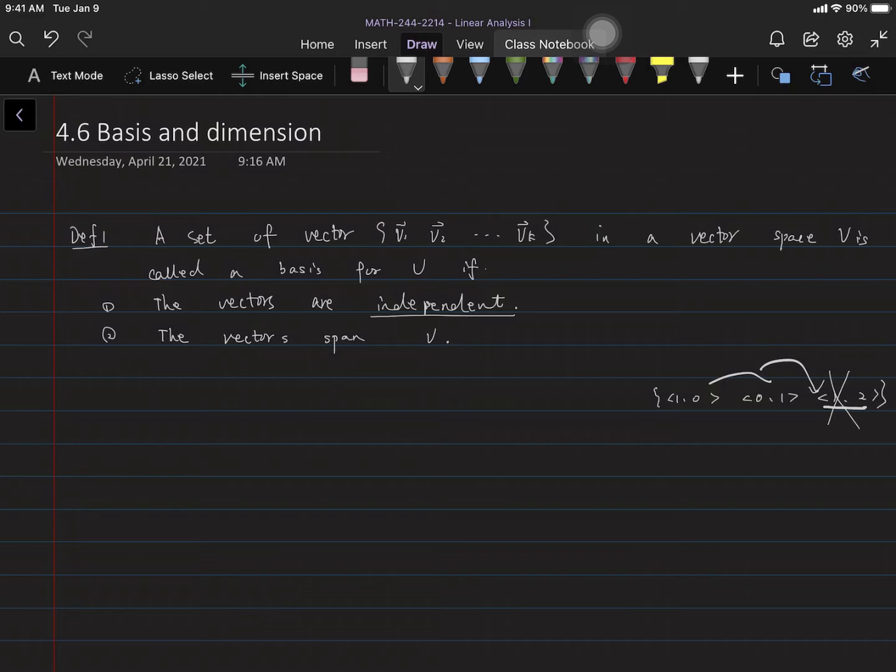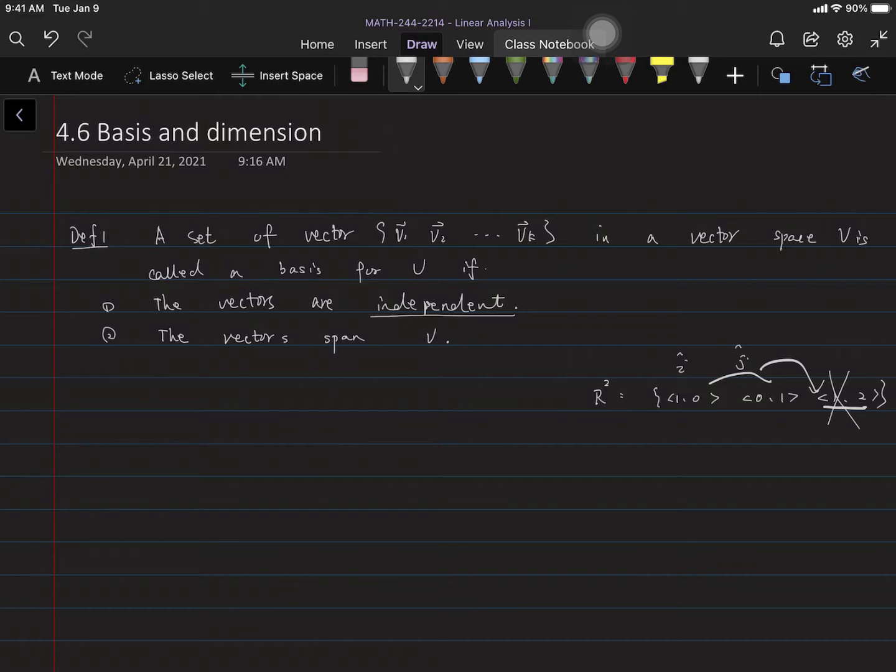That means any vector in the vector space V can be expressed by those vectors. For example, R2. Any vector in R2 can be expressed by those two vectors. They are like i and j, right? i vector, j vector. So any vector can be expressed by i and j, so i and j definitely span R2.